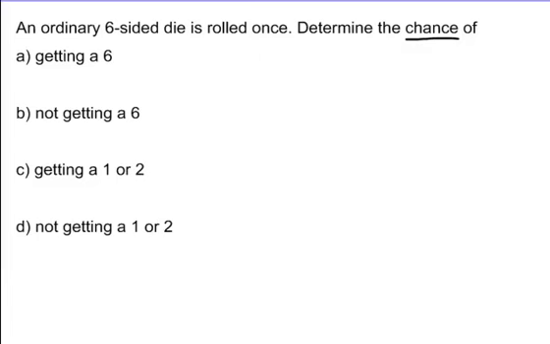Okay. So if we roll the dice, as we talked about before, we have 6 different outcomes. We could have 1, 2, 3, 4, 5, or 6. And what are the chances of getting a 6? Well, here's our 6.